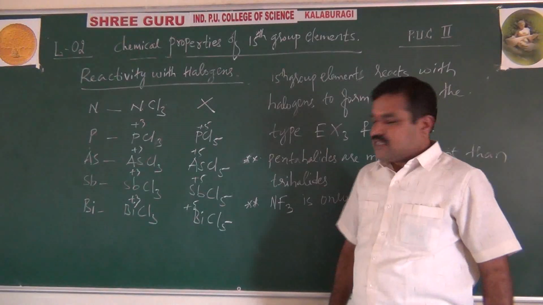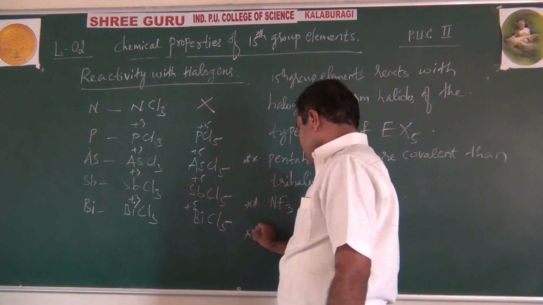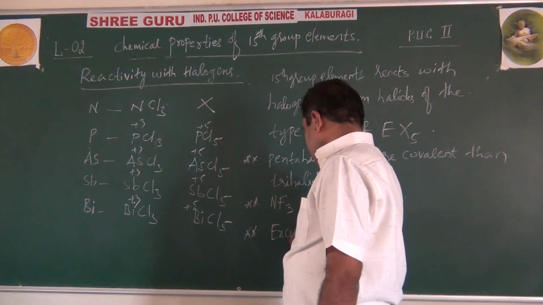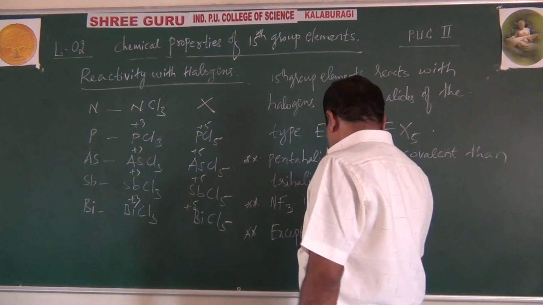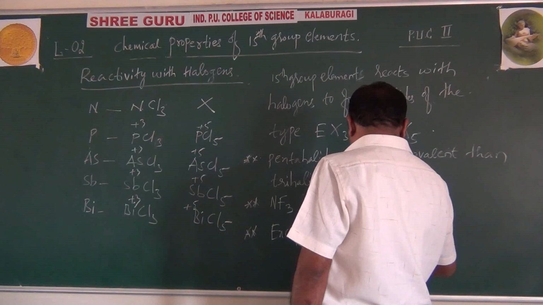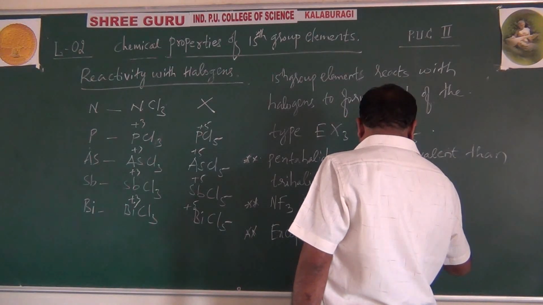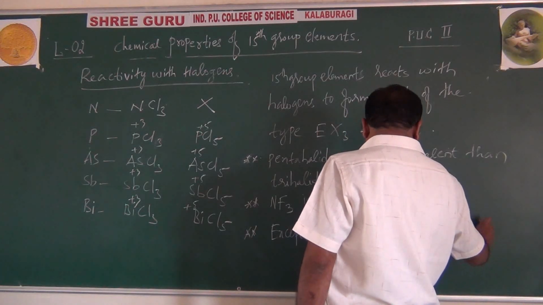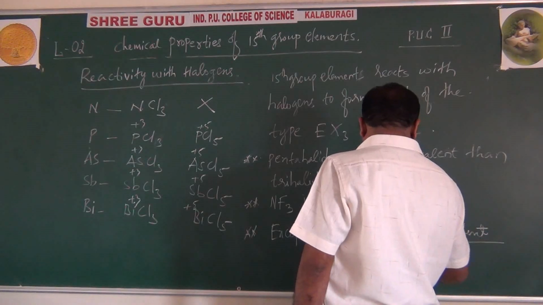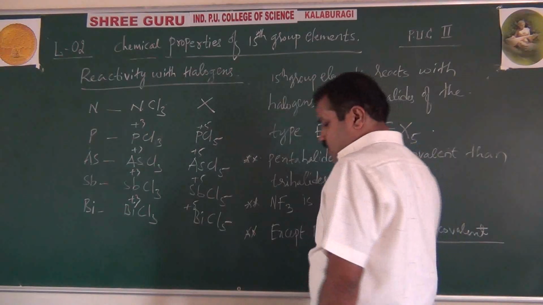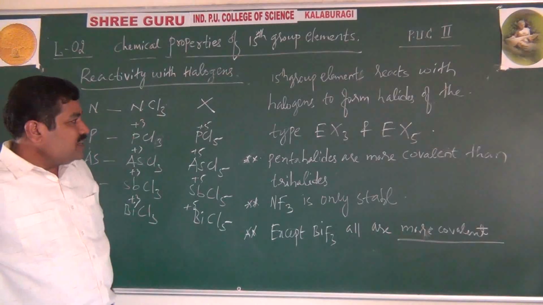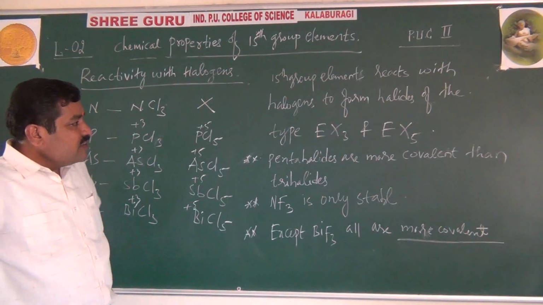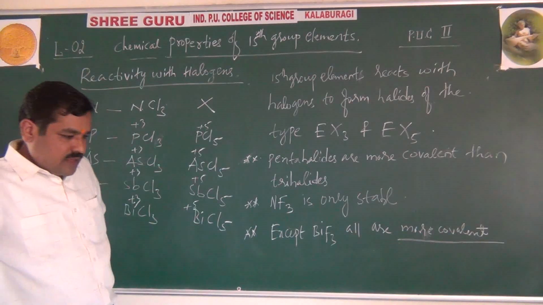Remember, except once again, except BiF3, all are covalent trihalides. Remember, like this, you can explain regarding the reactivity with the halogens.